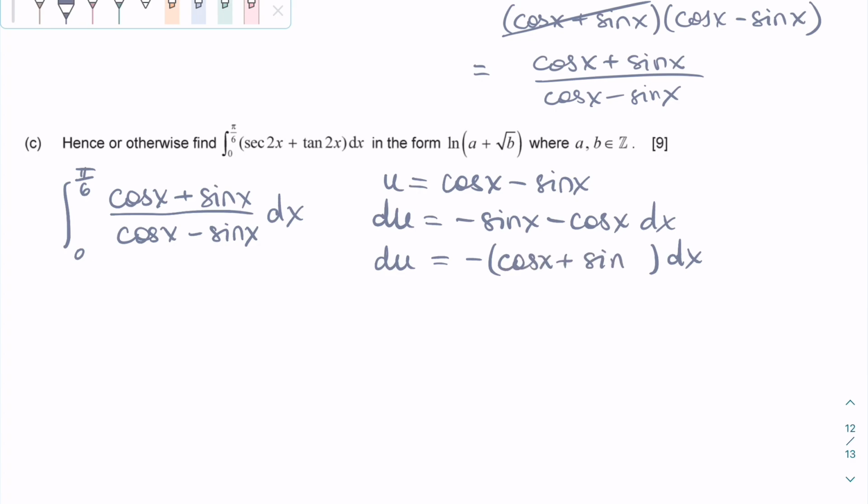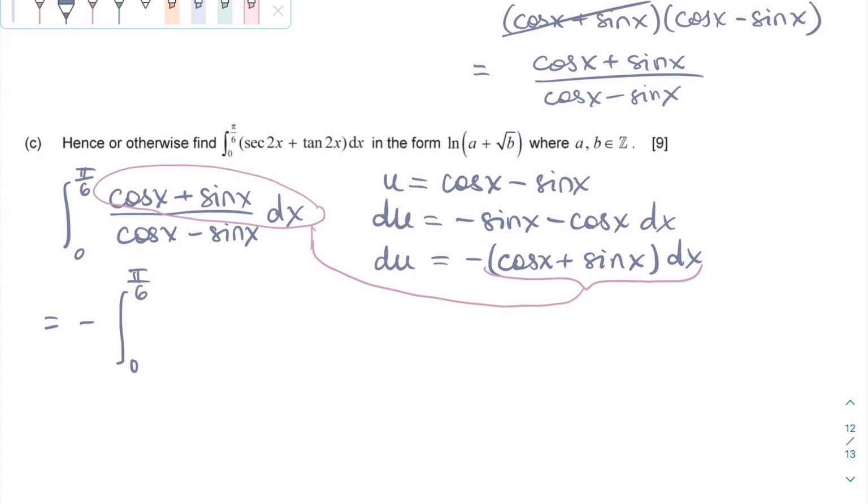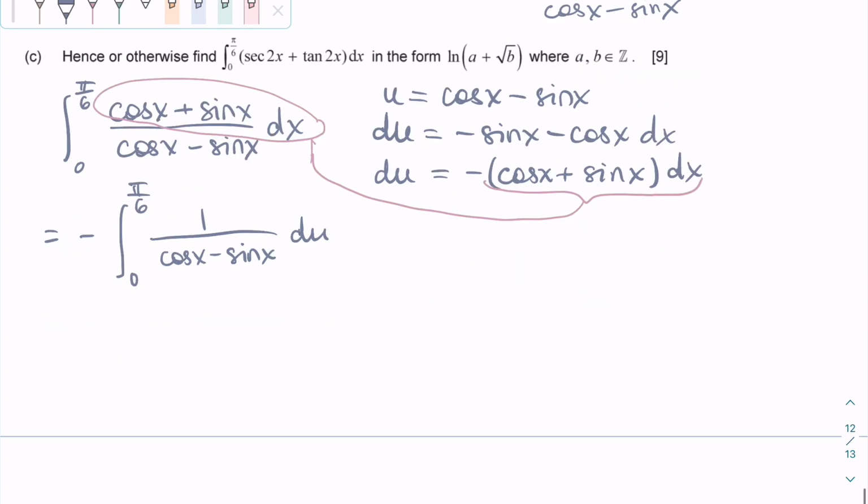So this means that we can replace the numerator with du, and we also have to put a minus sign in front of the integral to maintain this value. Next, we can replace the denominator with u, since we made u equal to cosine minus sine.